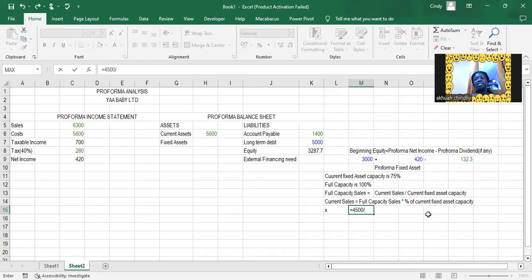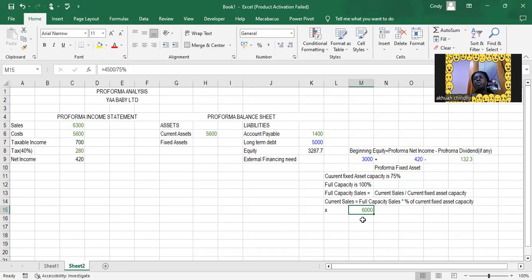So this is our full capacity sales. This is the sales that we should have accumulated if we had used our fixed assets at 100% capacity instead of 75%. But we didn't get to that 6,000. We have assumed that that is what we are supposed to get.